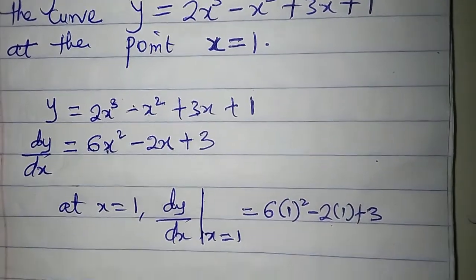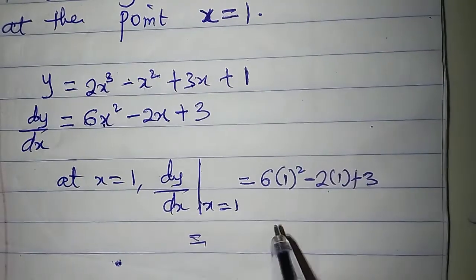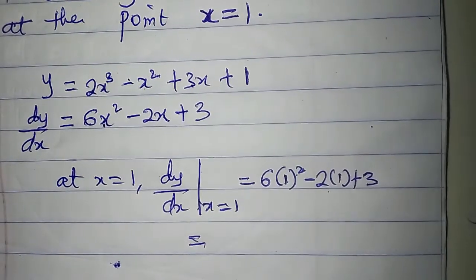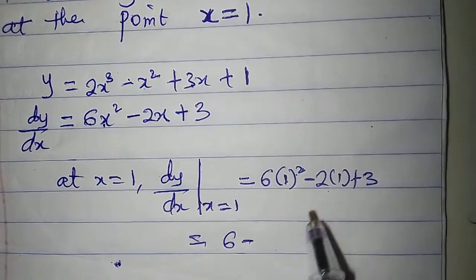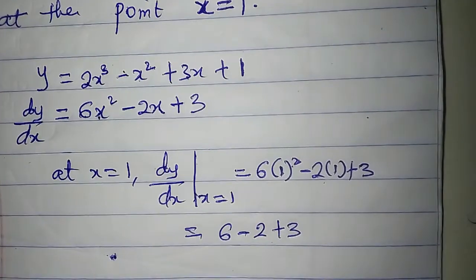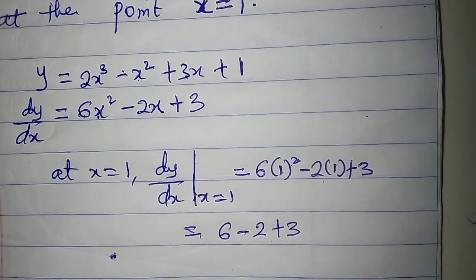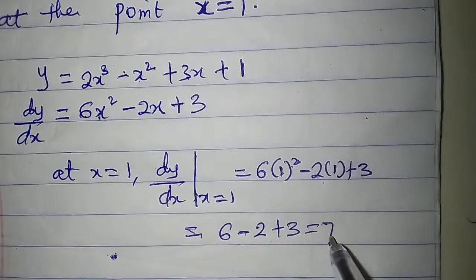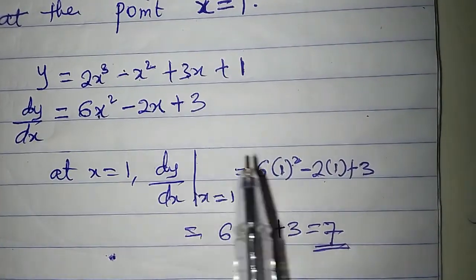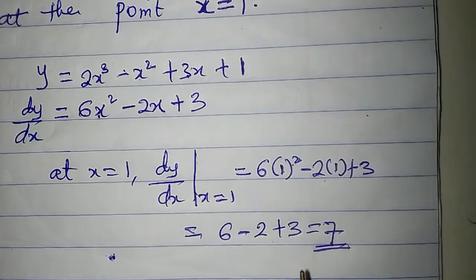Okay? 1 squared is 1. 6 times 1 is 6. 2 times 1 is 2. 6 minus 2 is 4. 4 plus 3 is 7. So the gradient of the curve at x equal to 1 is equal to 7. Automatically, the gradient of the tangent is 7.